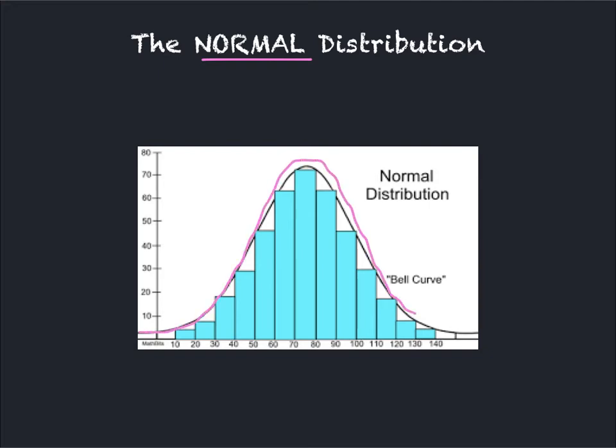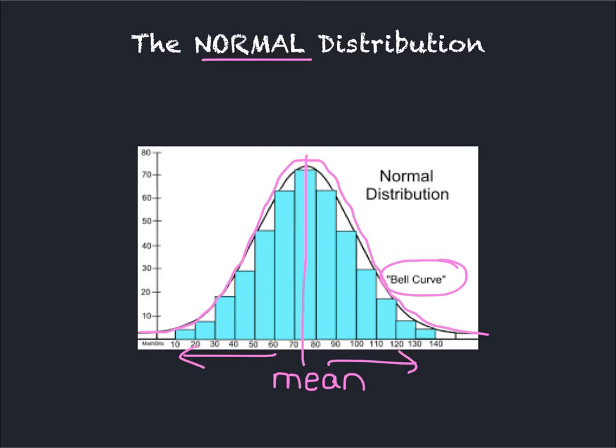There's not going to be a skew of any kind, and we refer to this as the bell curve. This data is distributed so that it's balanced right in the center. That center value is going to be the mean of the data set, and you've got the same amount of data above the mean and below the mean with a symmetrical distribution. So this data set that I'm looking at right here is a normally distributed set of data.